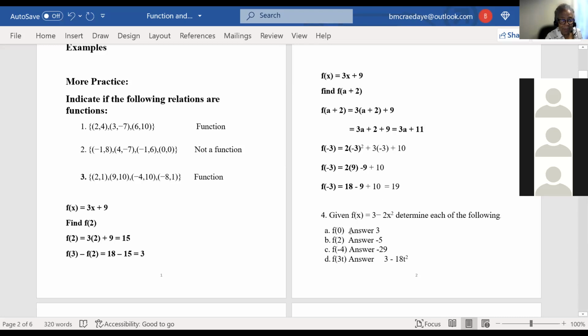Now, let's see. Take out these answers. Solve these for me, Vanessa. Take out the answers. Number 4. f of x is 3 minus 2x squared.